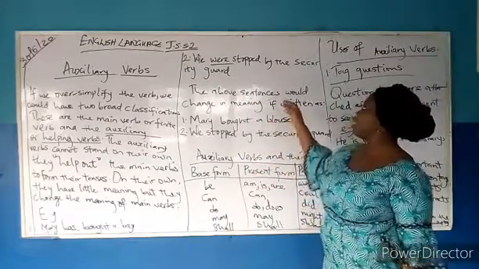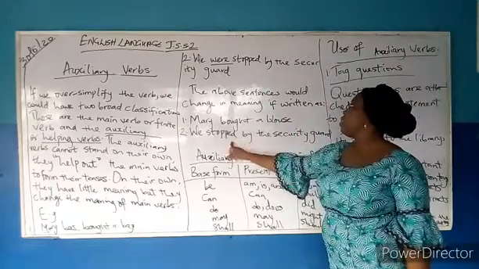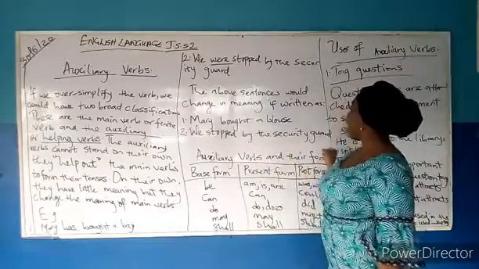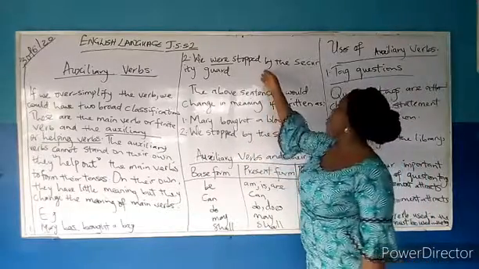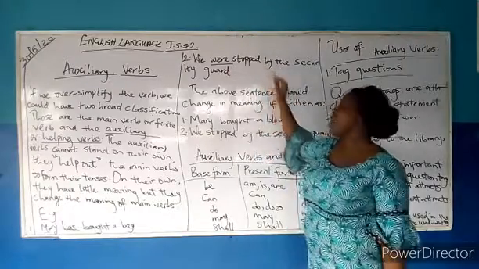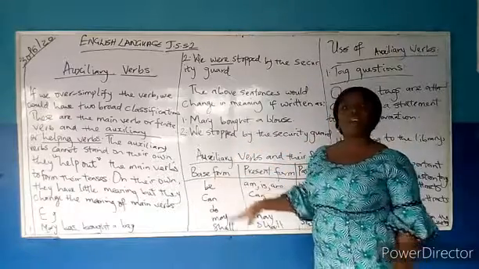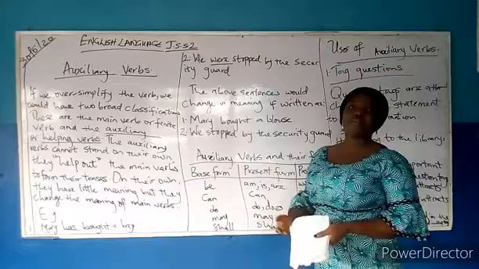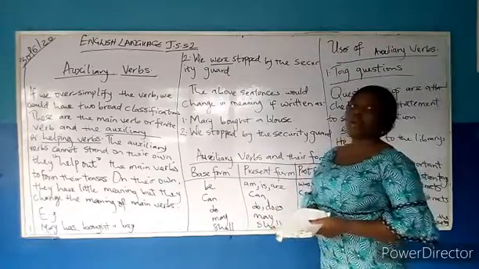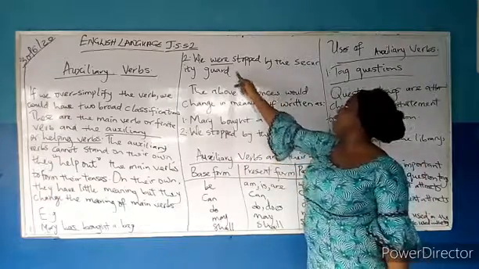Now in the second sentence we have we were stopped by the security guard. Without the auxiliary we have we stopped by the security guard. Plainly, this one means that the security guard stopped the people in question. But we were stopped by the security guard means that they stopped there, probably to have a discussion with him as to where they were heading or where they were coming from. But the other simply means that the guard stopped them.